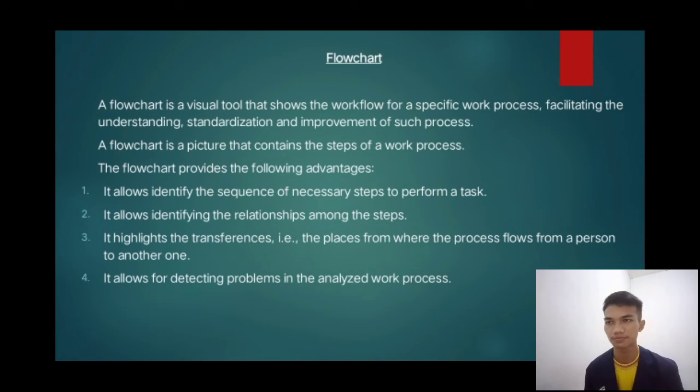First, it allows identifying the sequence of necessary steps to perform a task. Second, it allows identifying the relationships among the steps. Third, it highlights the transfers, the places where the process flows from one person to another. And the last is it allows detecting problems in the analyzed work process.